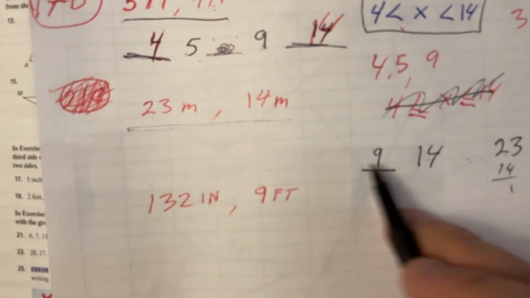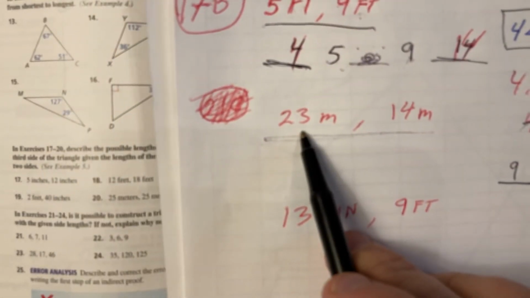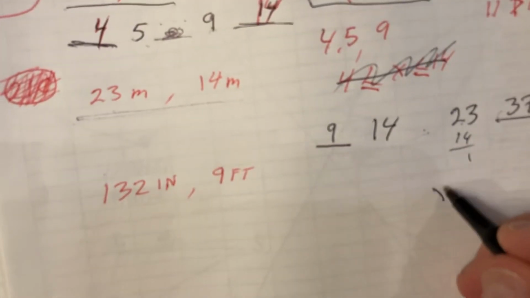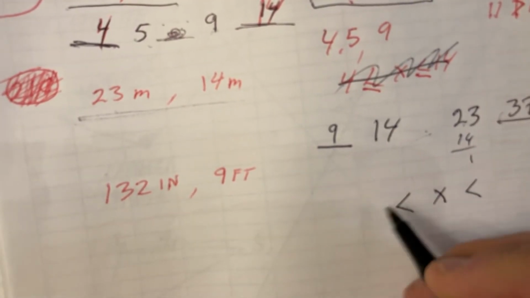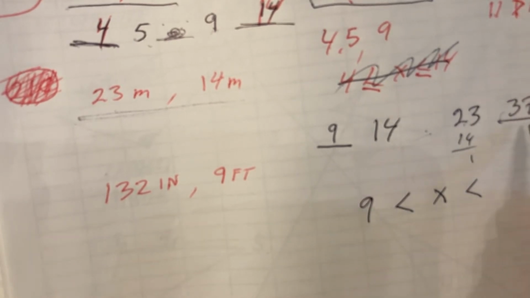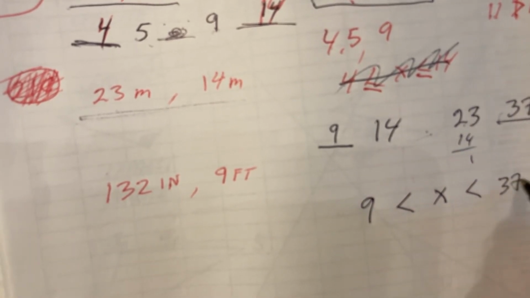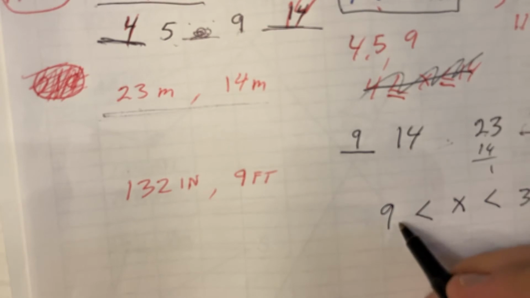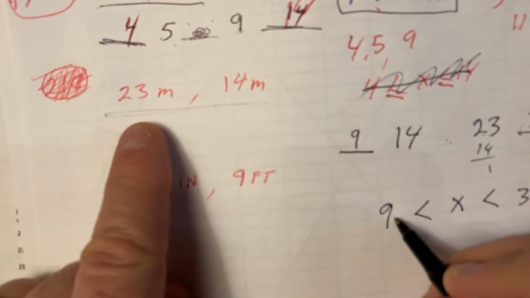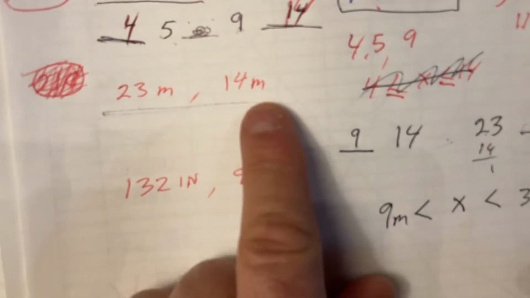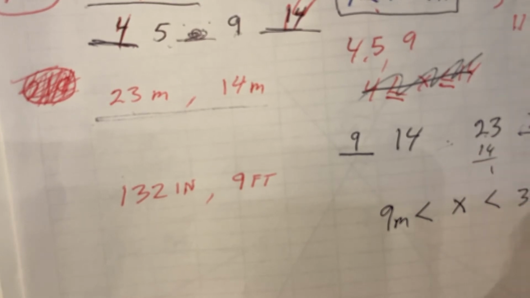So we're saying if you have sides of 23 meters and 14 meters, the other side has to be between 9 meters, because it's meters, and 37 meters.